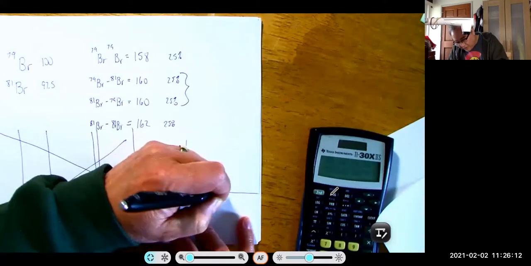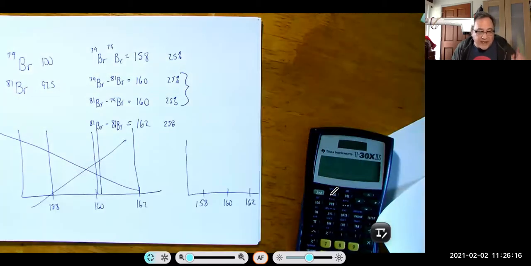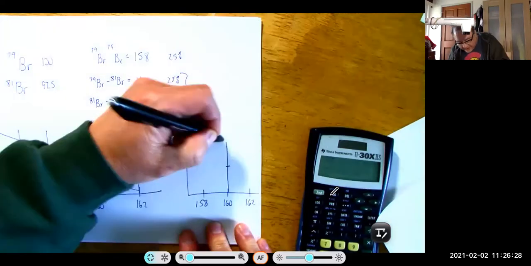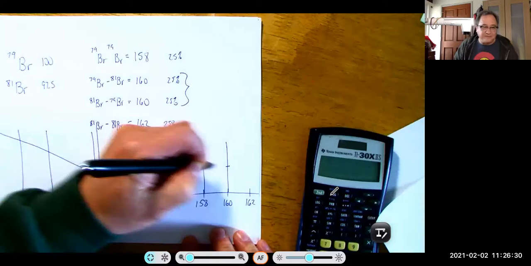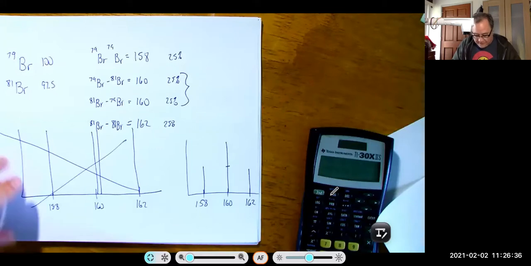I've got a question for you. Do you think your mass spectrometer can see the difference between a 81-79 and a 79-81? No way. So your mass spectrometer is going to take those two 25s, here's one and here's the other, add them together, and it's going to do that. Are you with me? Almost.